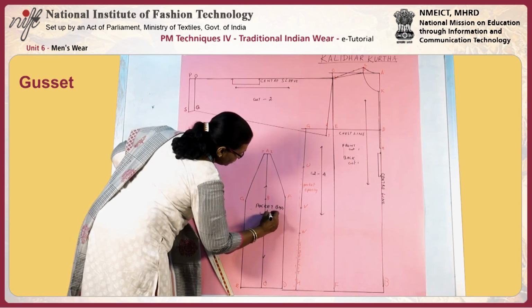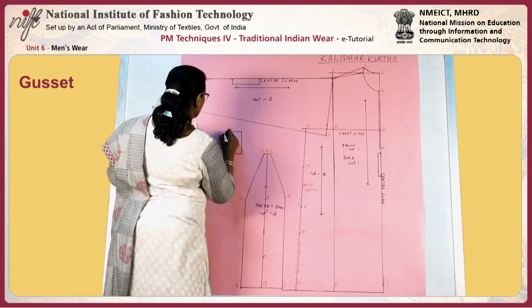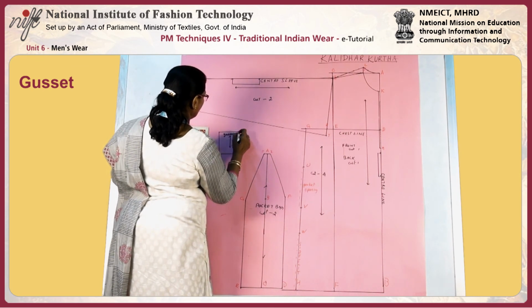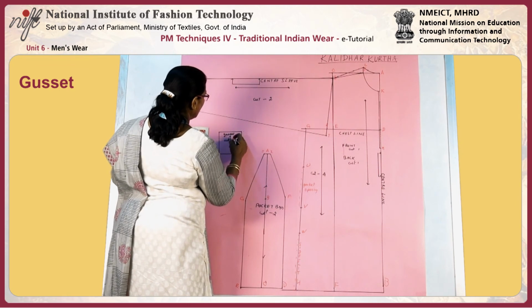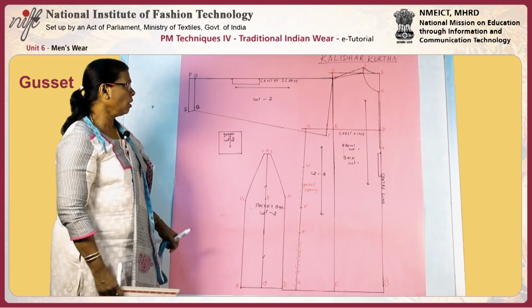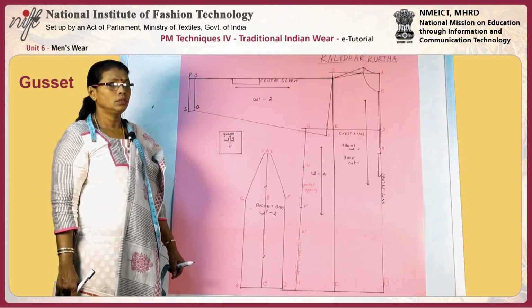Two pocket, cut 2. This is the gusset. Cut 2. So these are the components to be cut for the Kalidar kurta.